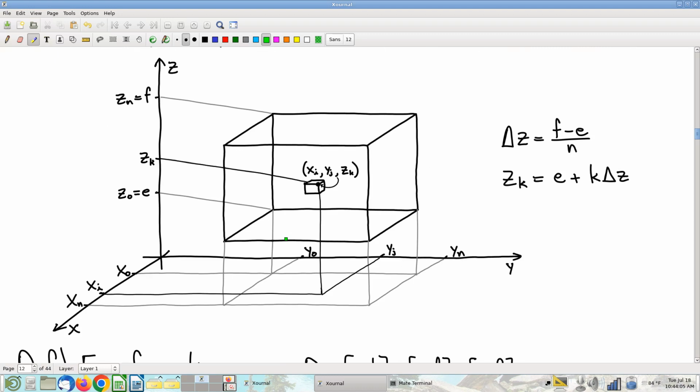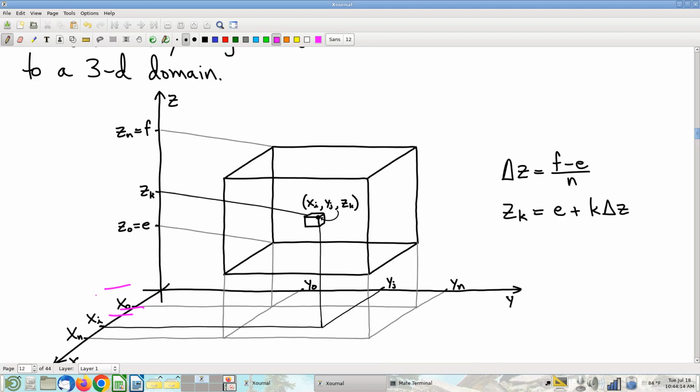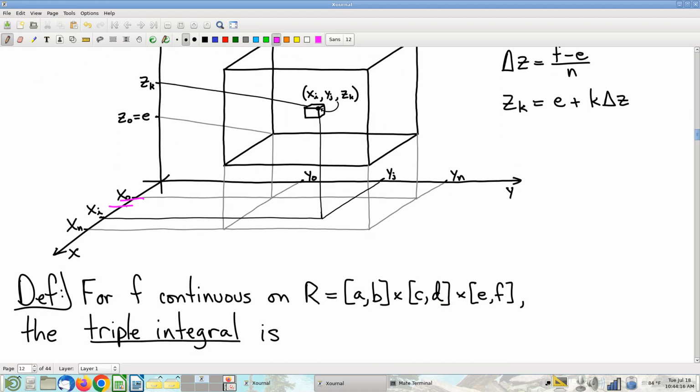And look, a lot of this is very, very similar to what we've done before. If I chop it up, I'm effectively going to be chopping up the x-axis into little pieces. We already know how to do that. We'll be chopping up the y-axis into little pieces. We already know how to do that.